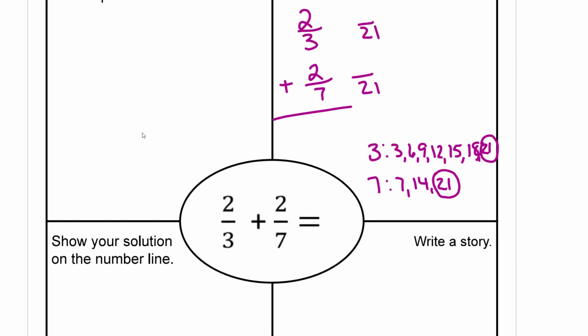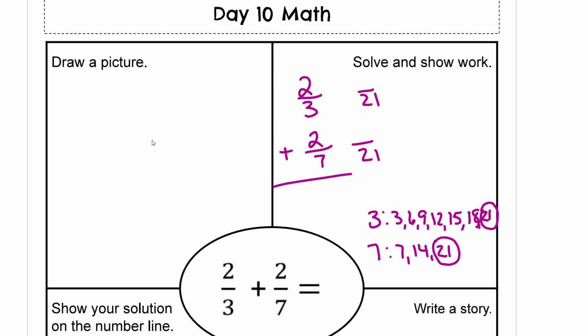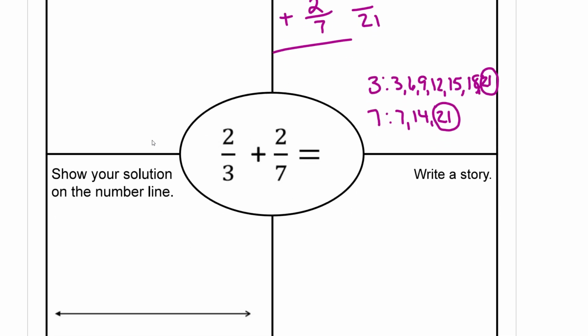So, Mr. Schmidt, you're back. I'm thinking, I want to make Kool-Aid. I could use 2/3 of a cup of Kool-Aid. Nah, that's not going to be cool. How about 2/3 of a cup of sugar plus 2/7 of a cup of Kool-Aid mix? Would that make sense?